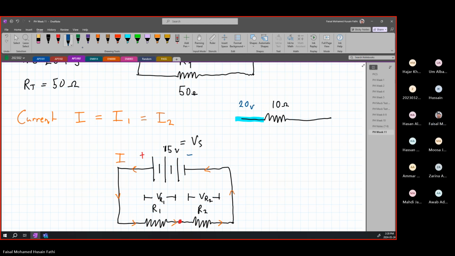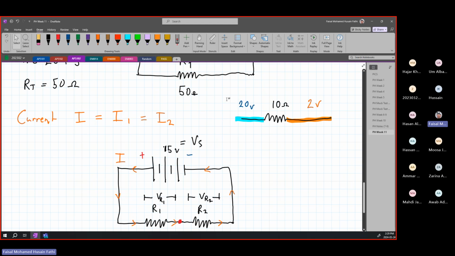Depending on the circuit, obviously, this resistor is going to reduce the value of the voltage, because remember, current is not changing. Current is the same throughout the circuit. So this resistor is going to drop the voltage. Let's say, depending on the current, this might be 2 volts now.